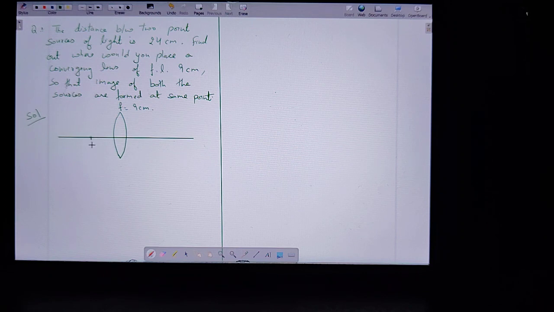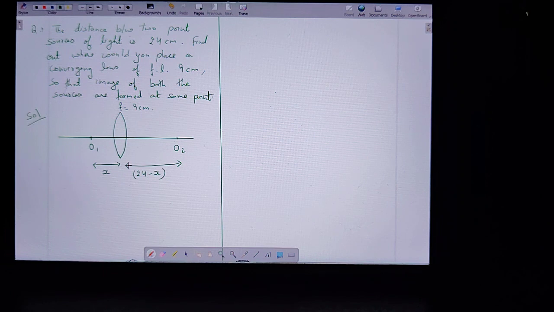So this is the position of first object, and here is my second object. Say the distance of first object from the optical center is x, then of the second object from the optical center will be 24 minus x, because it is given that O1 and O2 are at a distance of 24.